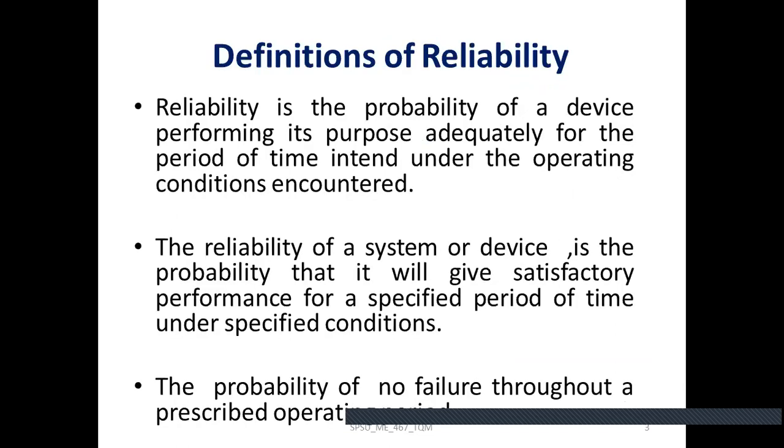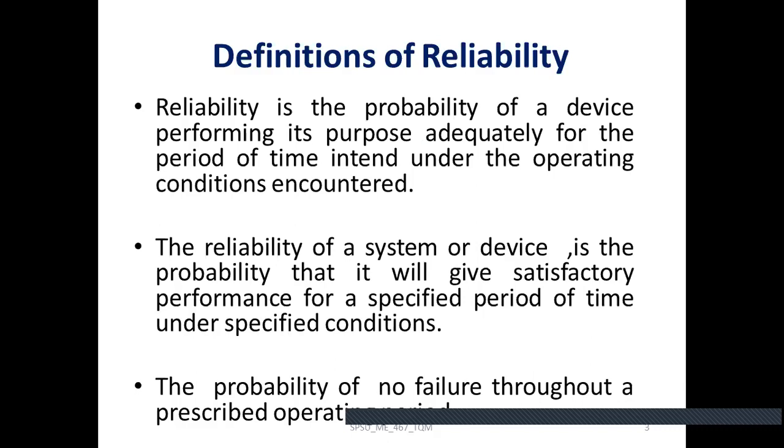These are the definitions of reliability. First, reliability is the probability of a device performing its purpose adequately for the period of time intended under the operating conditions encountered. The second definition is that the reliability of a system or device is the probability that it will give satisfactory performance for a specific period of time under specified conditions.